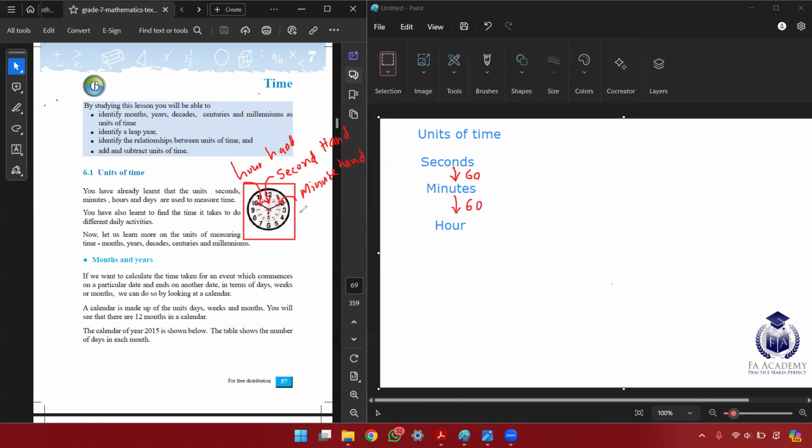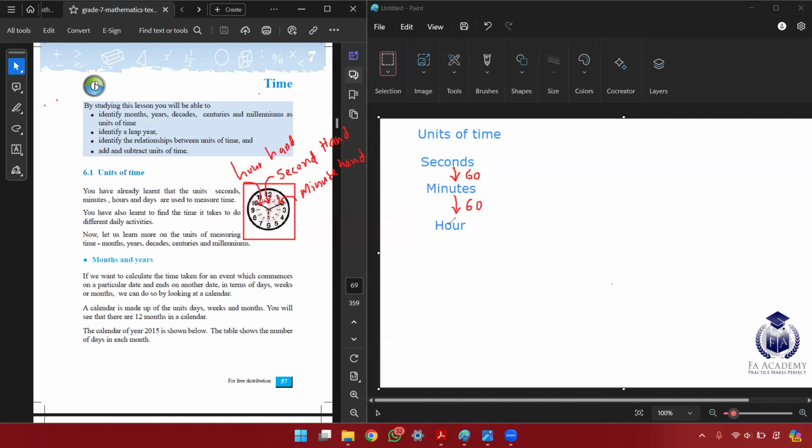And when the minute hand rotates for 60 minutes, you see the hour hand moves from one number to another number, right? So that understanding is really important in this case.